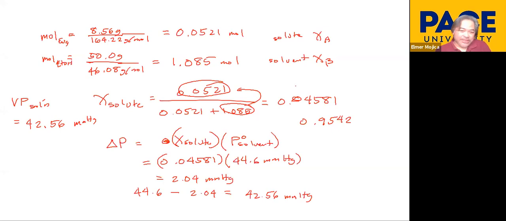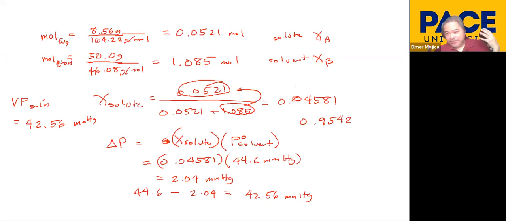But if you have a non-ideal solution, what happens? So this one would be like this, and this one would be like this. So your total pressure sometimes is greater than that predicted by Raoult's law. When does it happen? Okay, when the force of AB is less than AA and BB.